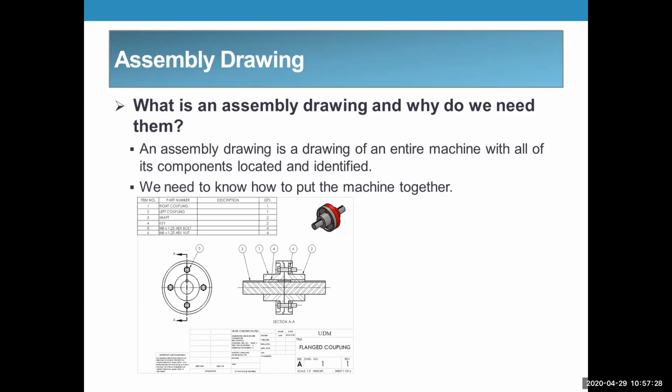Back then it wasn't. It took up too much time for the engineer to do a complete assembly before he handed it off to detailers, to create all the detailed parts and their drawings. So that's kind of fallen by the wayside.